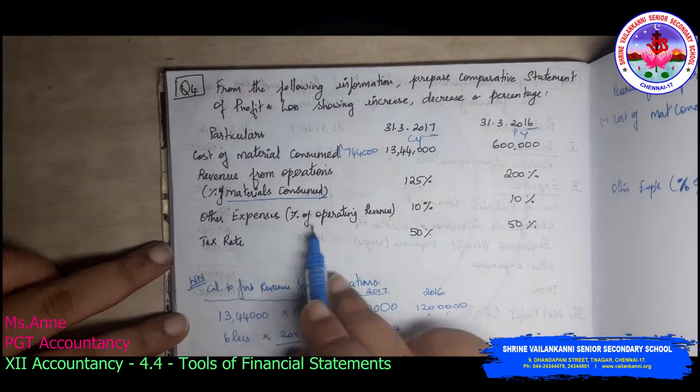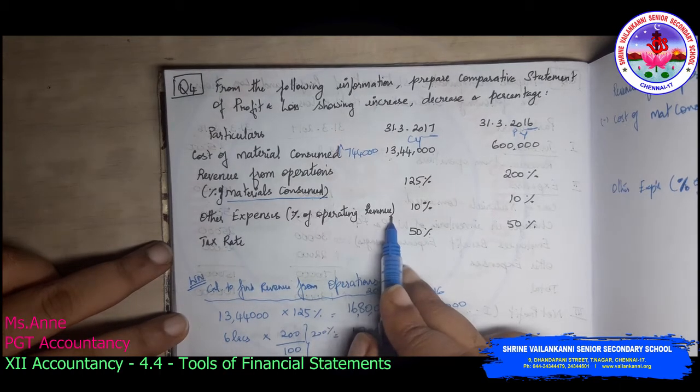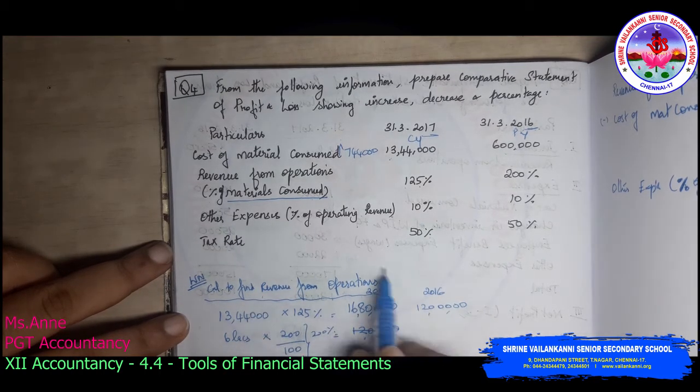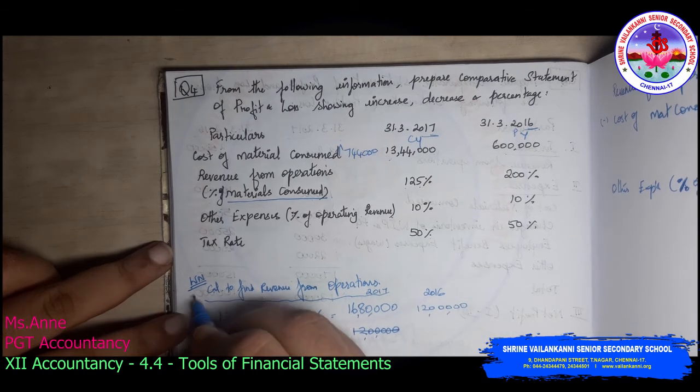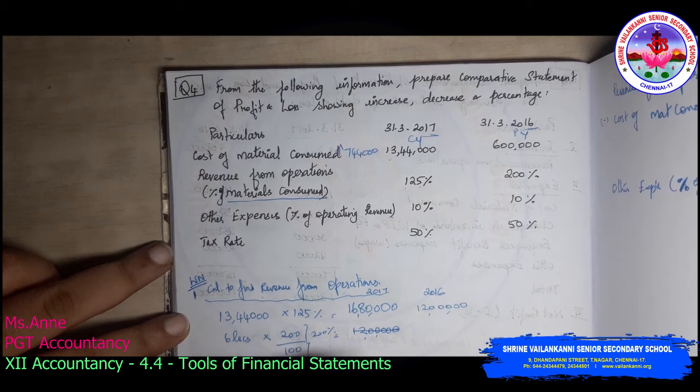Then other expenses, percentage of operating revenue. Now this is the revenue from operations. So this is note number 1, this is note number 2, calculation to find other expenses, percentage of operating revenue. So operating revenue for 2017 and 2016 we need to find.